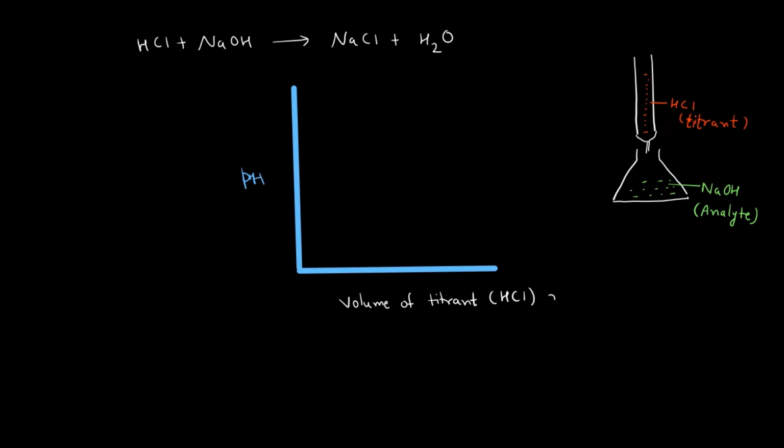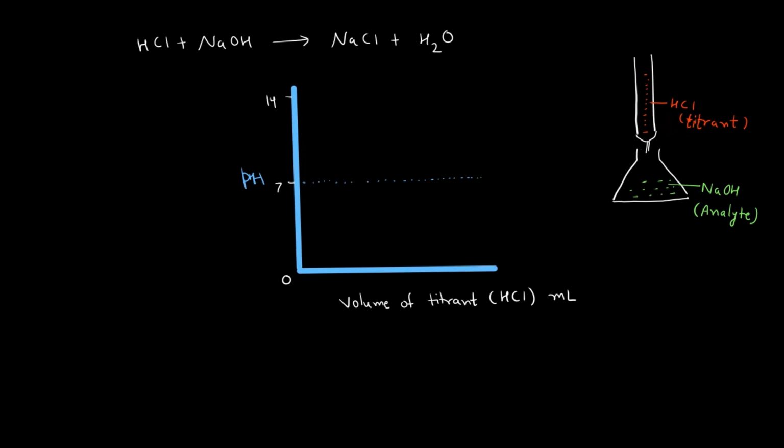This is in milliliters. The pH starts from 0 going to 14, and somewhere here is my middle point. Neutral is a line parallel to the x-axis.